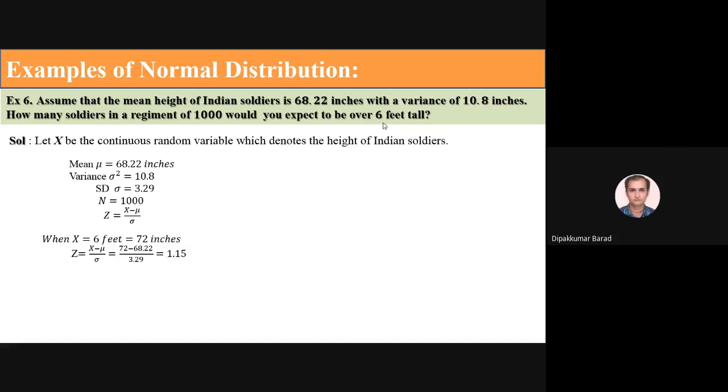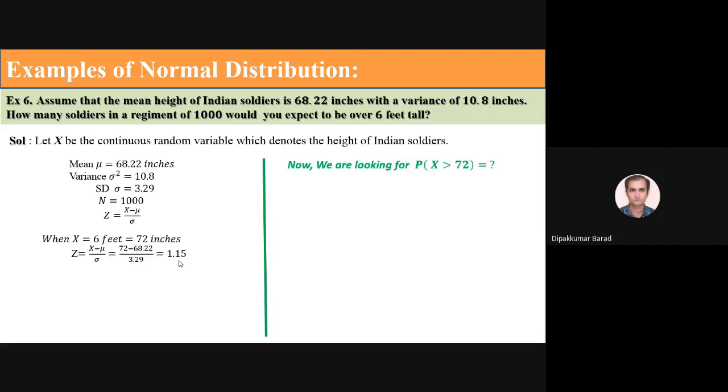We want to find the probability of x greater than 72. So first we convert this 72 into a standard normal variate: x minus mu upon sigma, so 72 minus 68.22 upon 3.29, which gives 1.15.